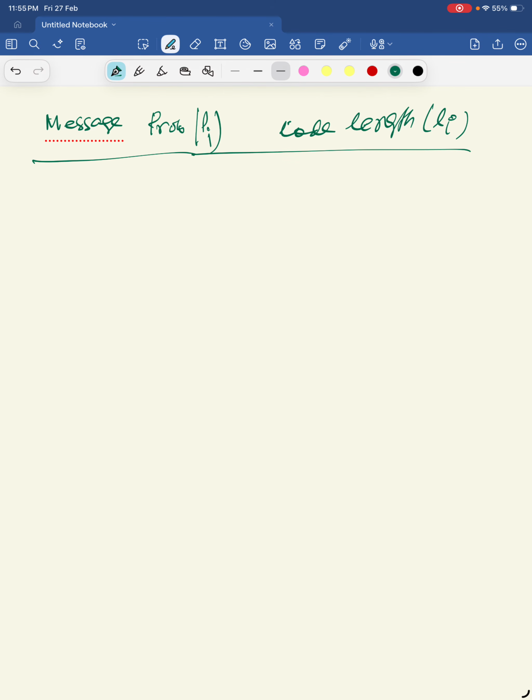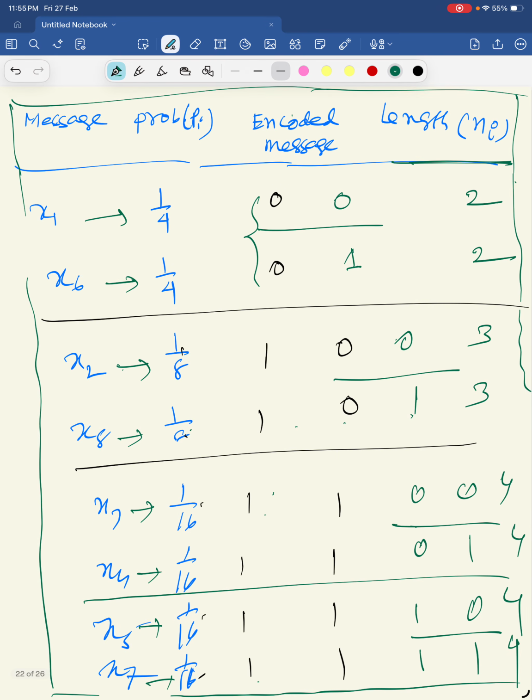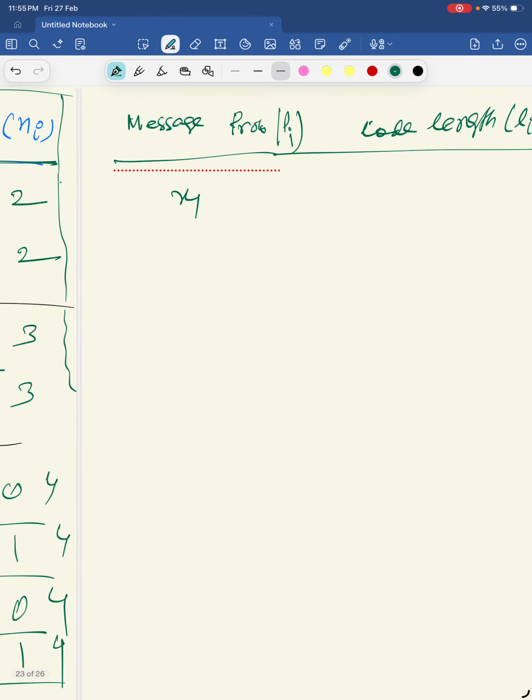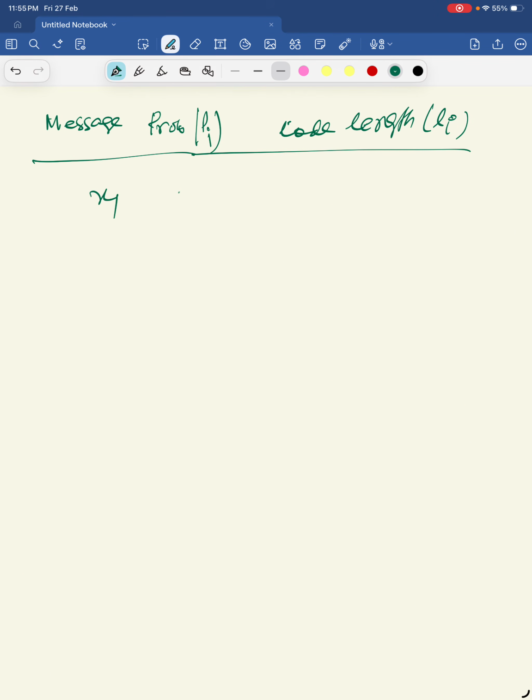So x1 giving 2, x6 giving 2. x1 probability is how much? Half. This is 2. Again x6 half giving 2.